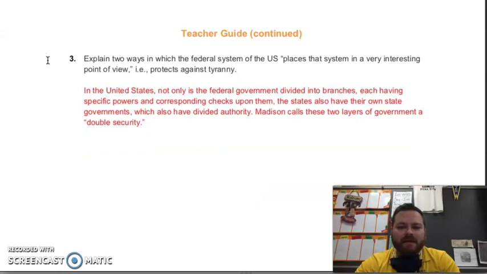And last key ideas question: two ways in which the federal system of the United States protects against tyranny. There were a lot of different ways you could go with this.